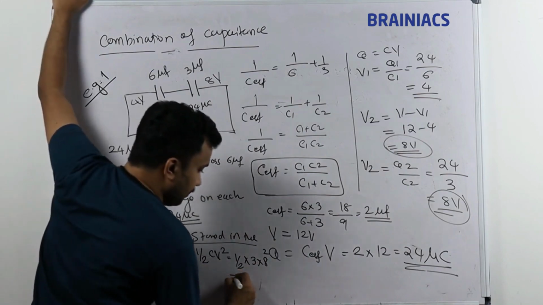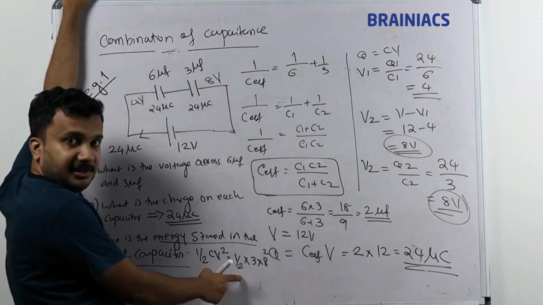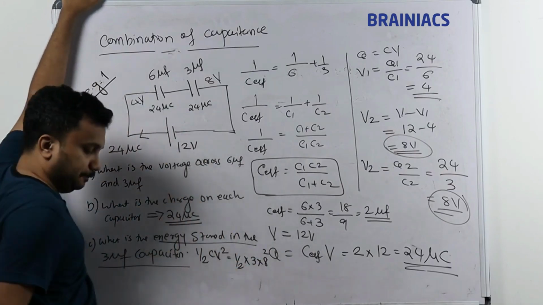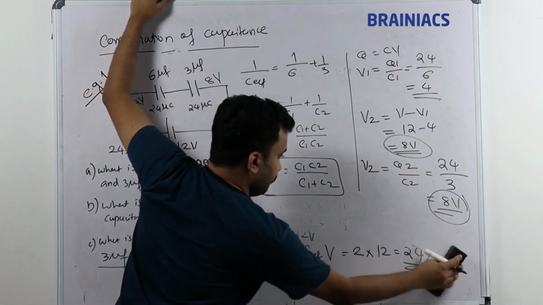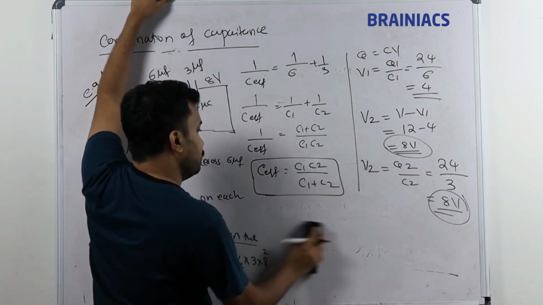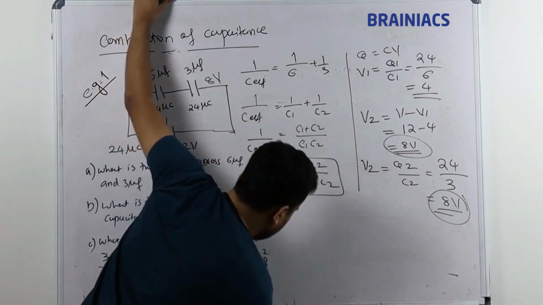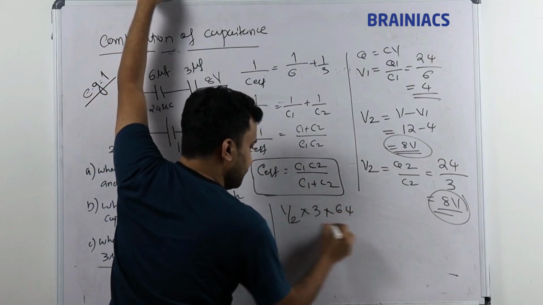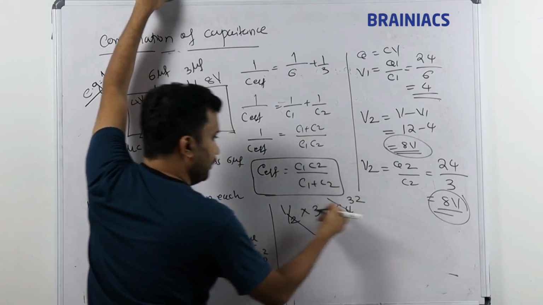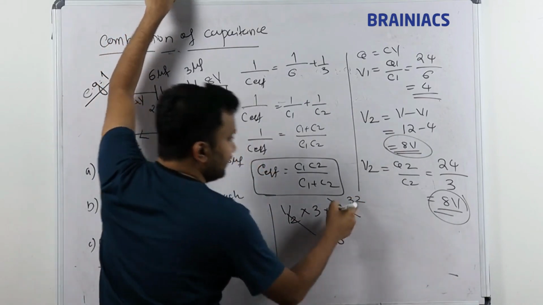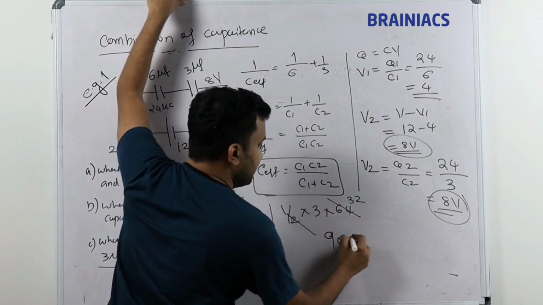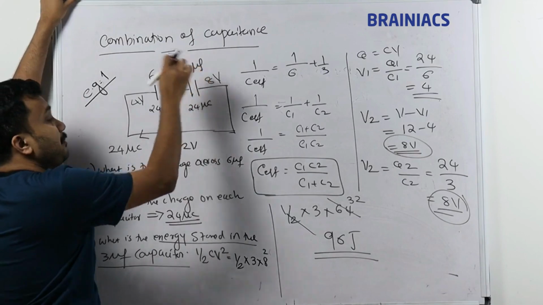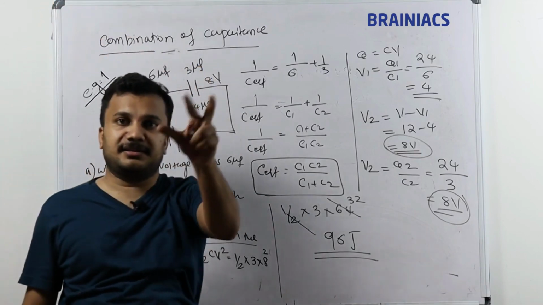Half CV is 1 by 2 into 3 into 64. 64 on 2 cut, so 32. 32 into 3 is 96. So it is 96 joule of energy stored by the 3 microfarad capacitor.